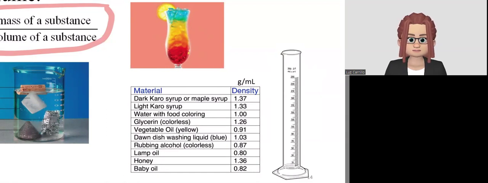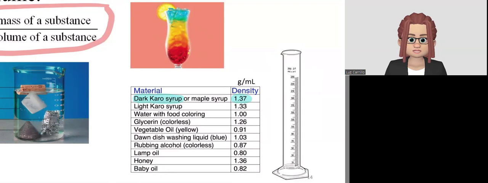Now, each of these substances has a particular density. Let's say that, for example, I select out of these substances, and I'm going to highlight them with different colors. I'm going to select here specifically the dark Karo syrup, and this is its density.